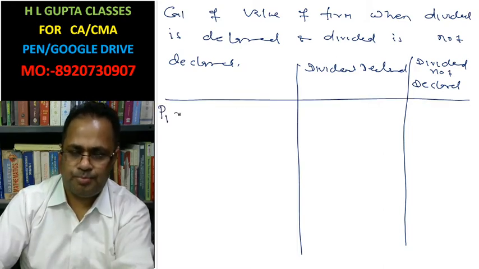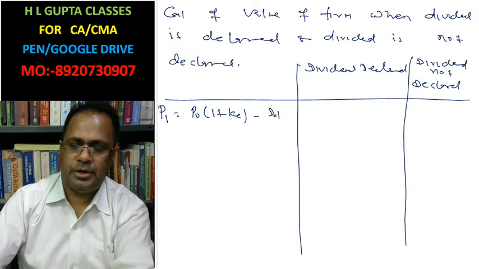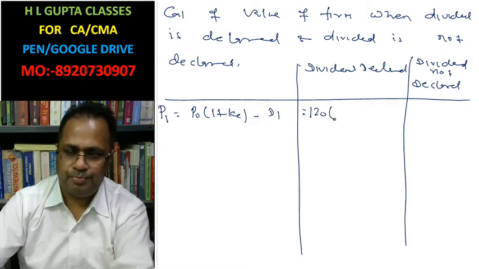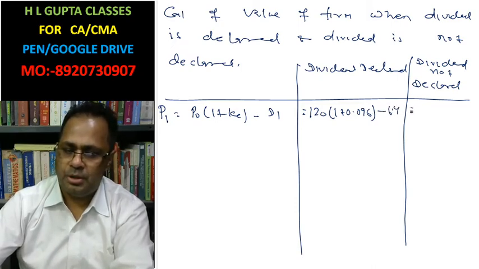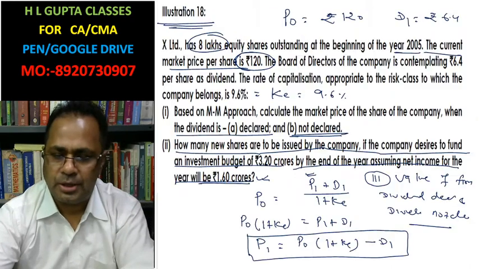Price is P0 times 1 plus KE minus D1. In this case P0 is 120, 1 plus 0.096, the cost of equity, minus 6.4 when dividend is declared. When dividend is not declared, it is 120 times 1 plus 0.096 minus 0, because dividend is not declared.